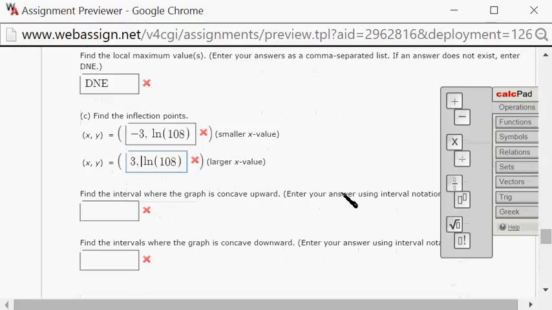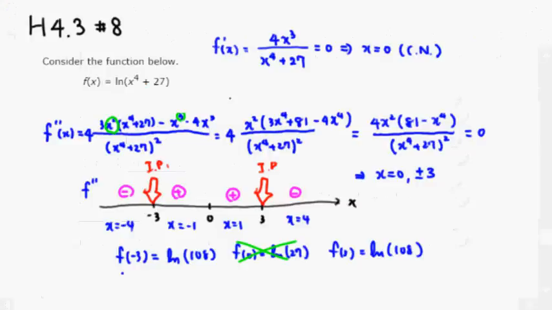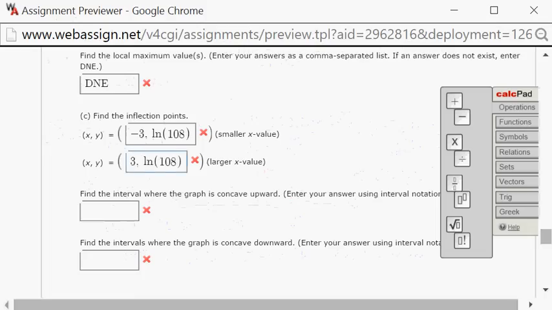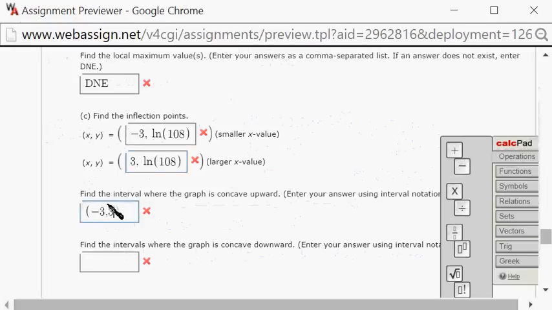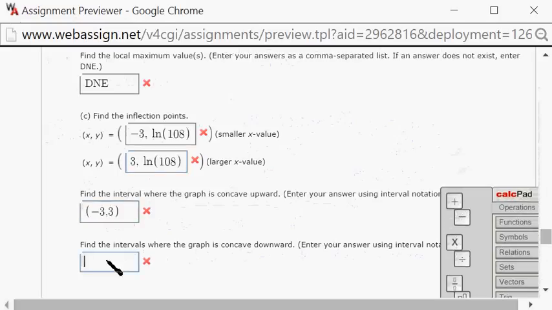Alright, so find the interval where the graph is concave upward. Let's look at this. You can see that it's concave upward between -3 and 3, and concave downward for the rest of it. So you have -3 to 3, and concave downward, so it's -infinity to -3.